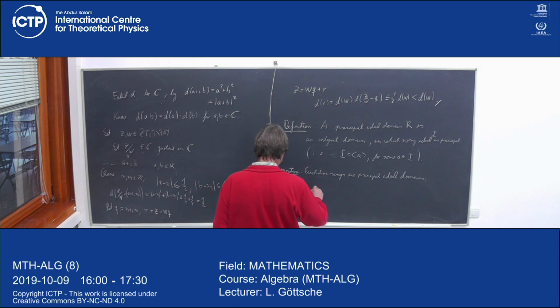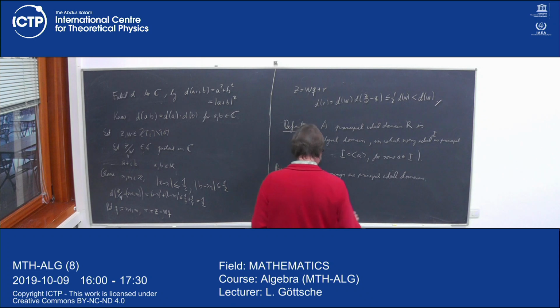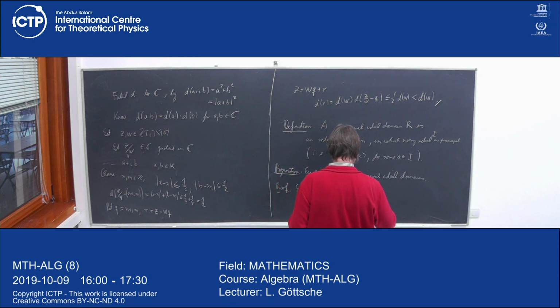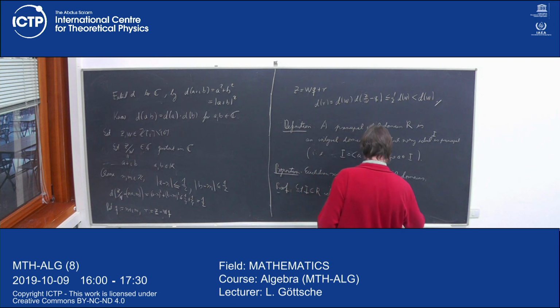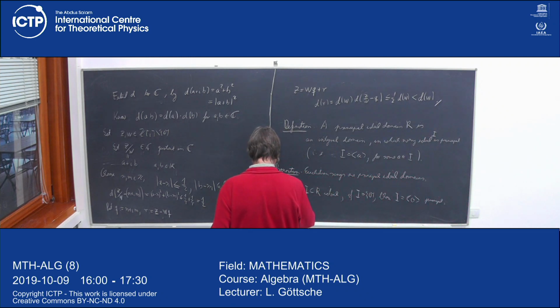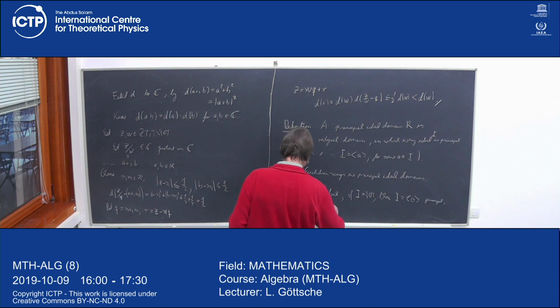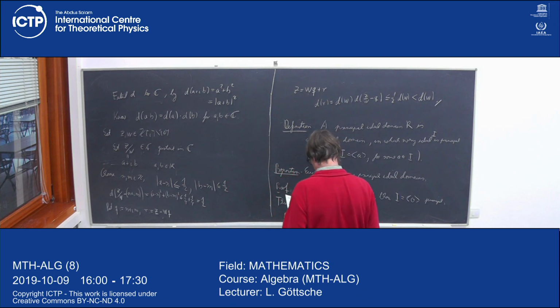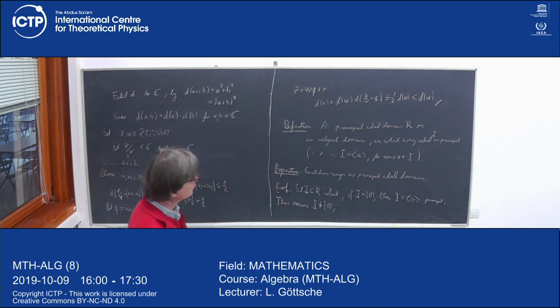So I take an ideal I in R. If I is the zero ideal, then I is the ideal generated by zero, so that means principal. Thus we can assume that I is not the zero ideal, and so we can choose an element which has the smallest possible d.